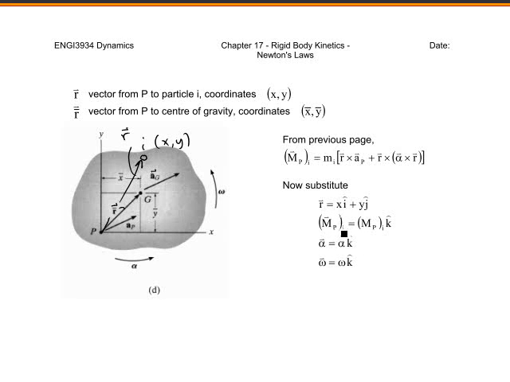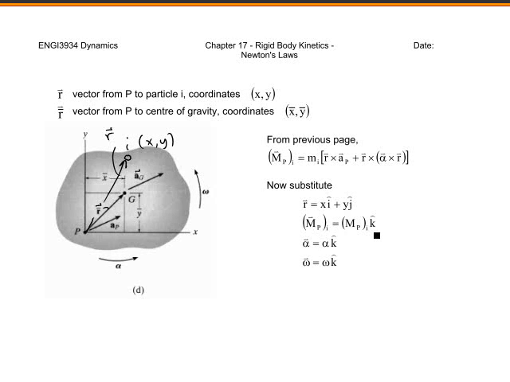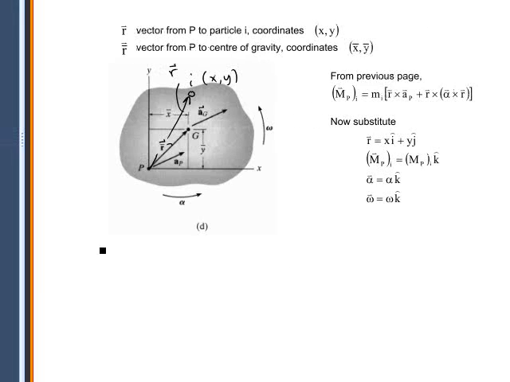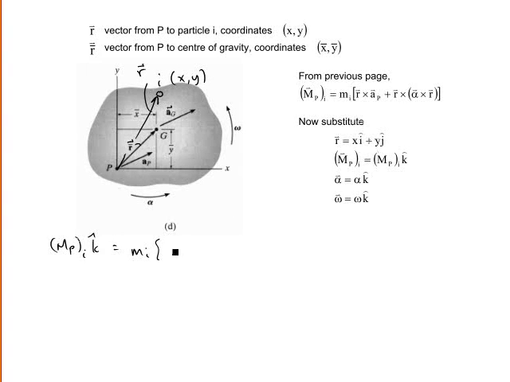I'm going to recognize that the moment vector about P is going to be in the k direction because we're looking at two-dimensional motion. Also, alpha and omega are going to be k vectors. So when I make these substitutions, the vector Mp about I becomes Mp about I in the k direction, which becomes mi outside of, I had r cross ap up here.